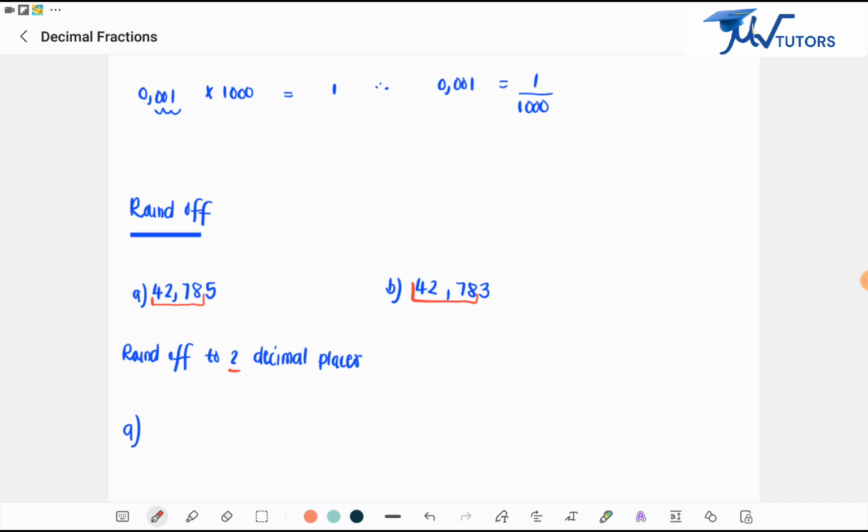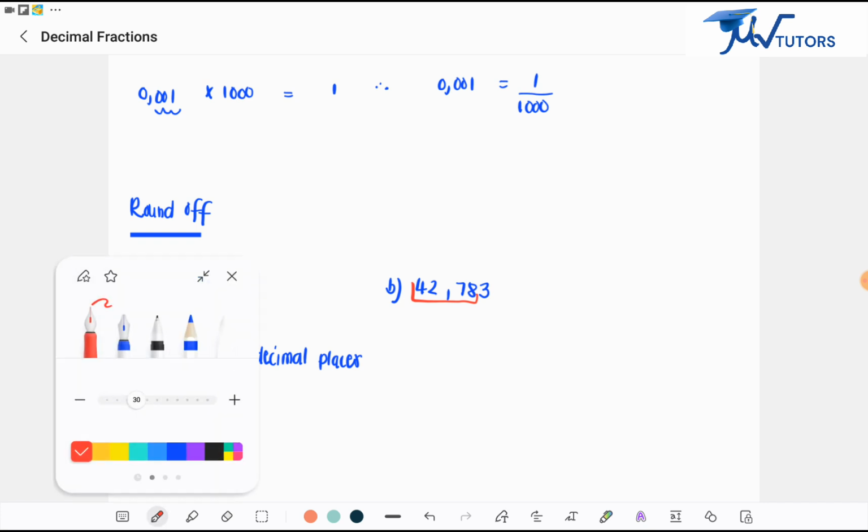Basically, if that number after the 2 decimal numbers, after the decimal comma, is 5 and higher, then you need to take it up 1 number. In this case, we have 8, so we'll have to take it up to 9. But if that number is less than 5, then you leave 8 as it is.